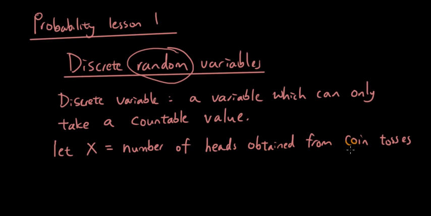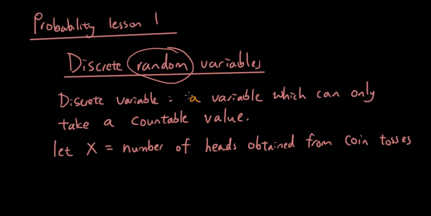It's completely random as to how many heads you can get from tossing a coin. So that's why x, in this case, would be called a discrete random variable.